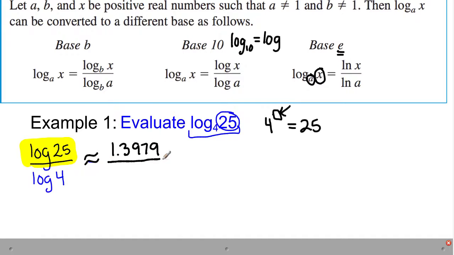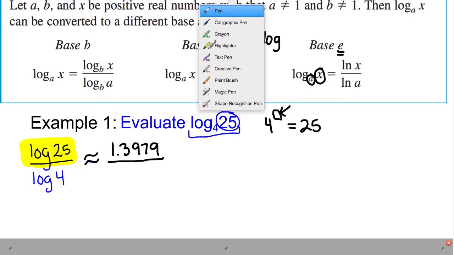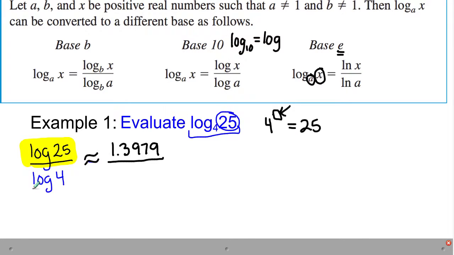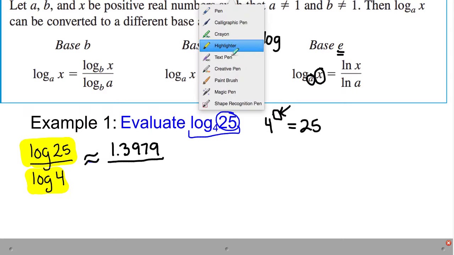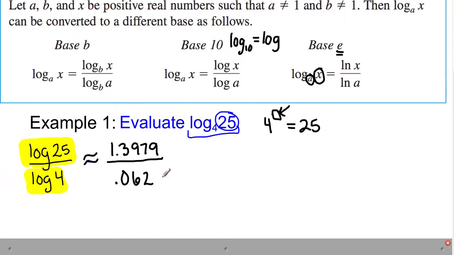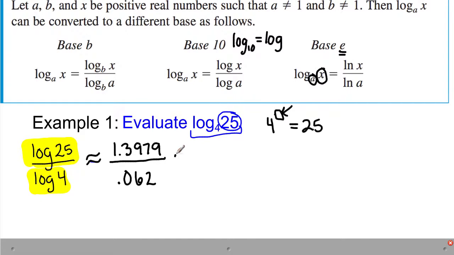And then in your graphing calculator, if you type in log base 10, so just log of 4, we get 0.602. And then just simply dividing those in our calculator, we get approximately 2.32. So 4 to the power of 2.32 gives us roughly 25.